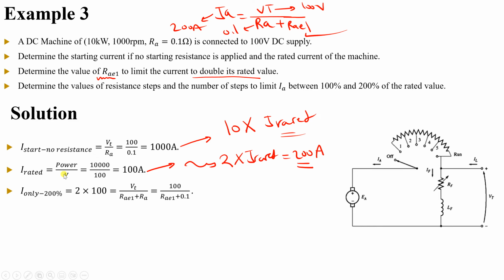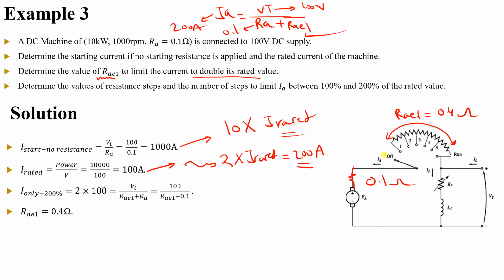Equal to 200 amperes, V terminal over the new resistance plus the armature resistance. This gives us the starting resistance of 0.4. So R_E1 equals 0.4 ohms in series with the armature resistance of 0.1 ohms.